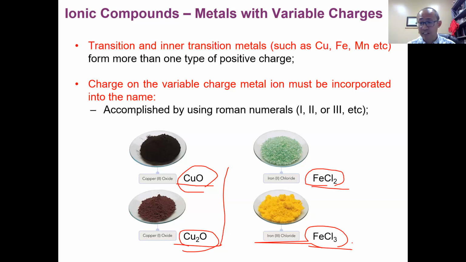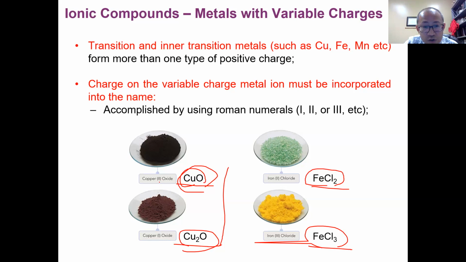If the ionic compound is between a metal and a nonmetal with different charges, the solution is simply to incorporate the charge in parentheses using Roman numerals. For example, the two on the left are both copper oxide, but the first one is copper(II) oxide.